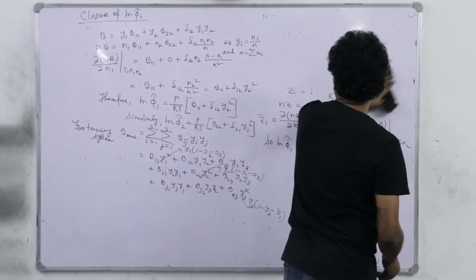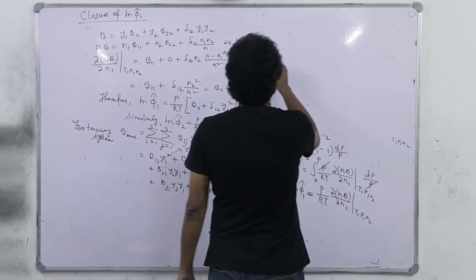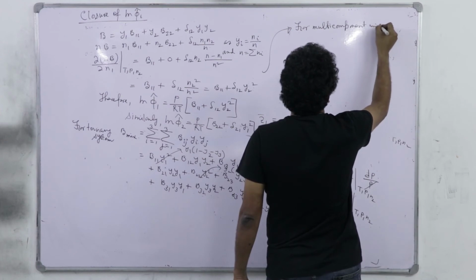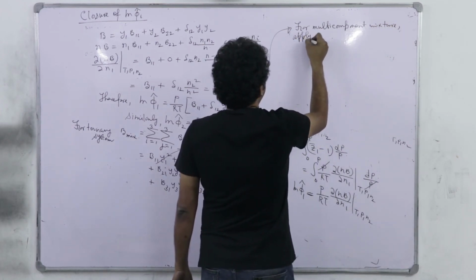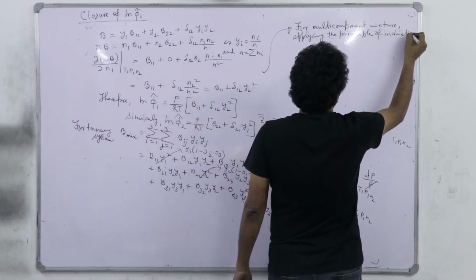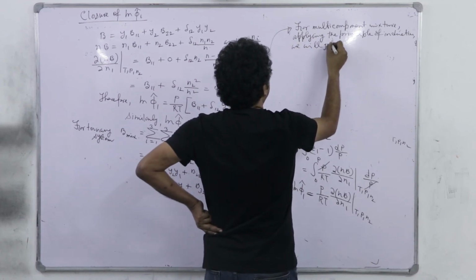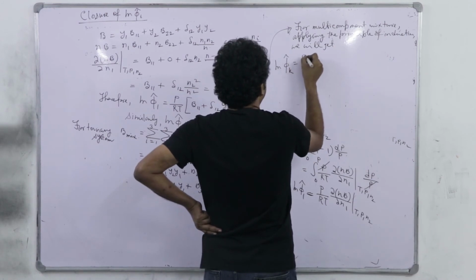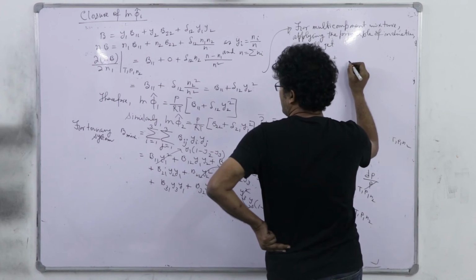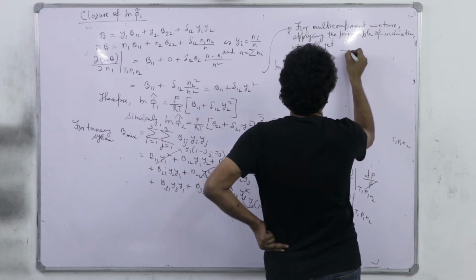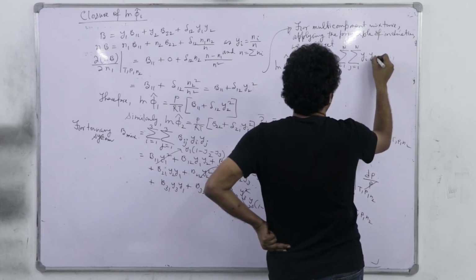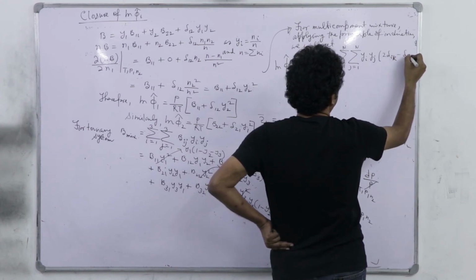So, if we solve it for ternary system and quaternary system, for multi-component mixture, applying the principle of induction, we will get ln phi k cap equal to P by RT [Bkk plus half summation i equal to 1 to n, j equal to 1 to n, yi yj (2 delta ik minus delta ij)], something like that.